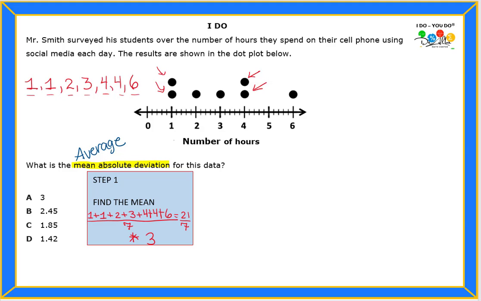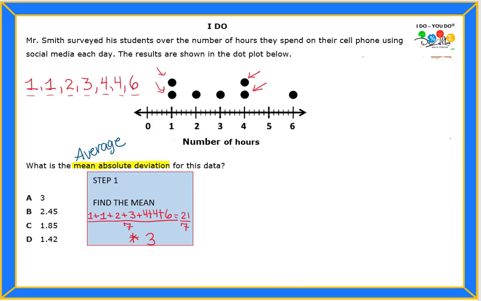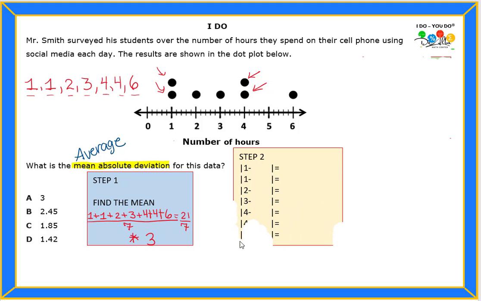So what is it that I'm going to do next? We are doing step 2, right? Anybody remembers what to do in step 2? Anyone? No? Okay, so in step 2, basically, we are going to find the difference between my data and the average that I found in step 1.